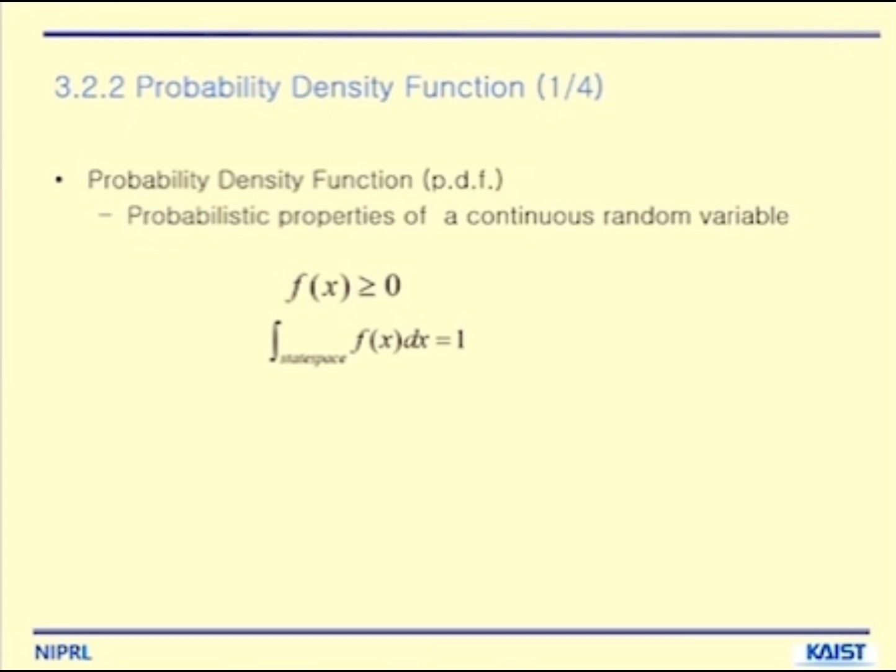Let me tell you this. If I want to answer a question that has to do with a random variable, I need to first ask myself, what kind of random variable am I talking about? If it is discrete, then I need a probability mass function. If it is continuous, I need a probability density function.